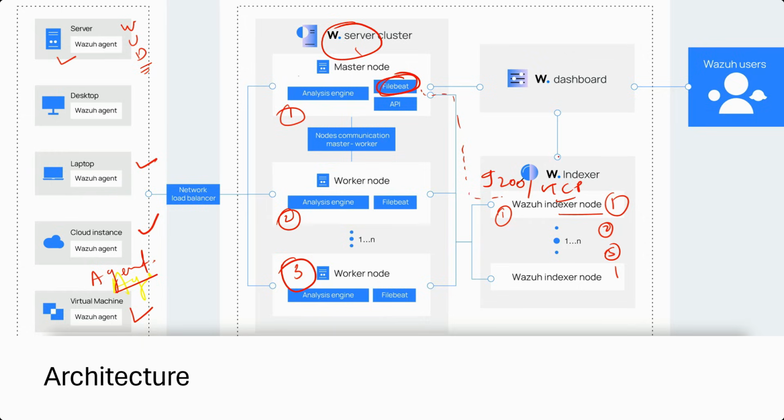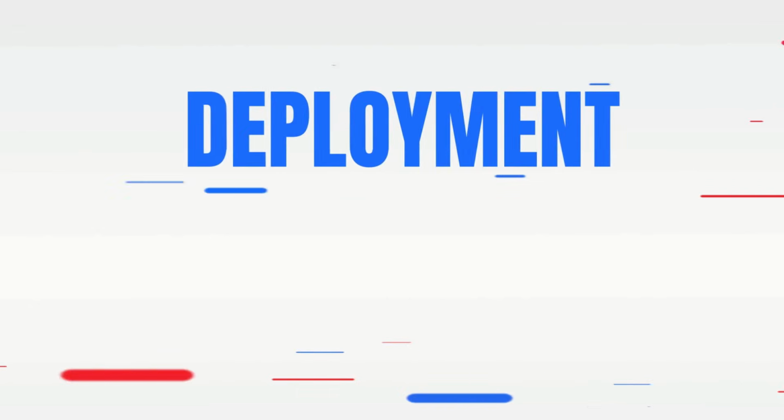Finally, the data can go to the dashboard either from the indexer or from the server, because, as we talked about, the indexer also collects and maintains long term data. So we can retrieve archive data, get live alerts from the Wazuh server, get long term data from the indexer, or possibly any kind of data analytics as well. So this is how the entire architecture works.